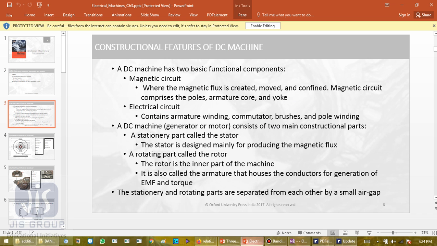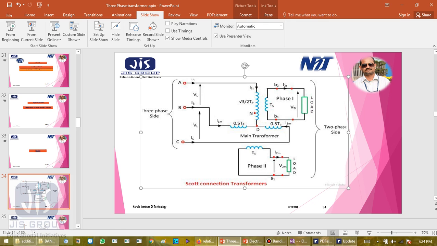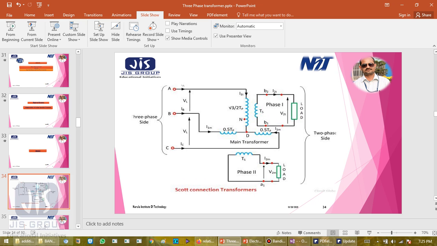Because if we recall the figure, this is B phase current, so IB into 0.5, that is TP by 2, minus IC into TP by 2 equals the secondary current I2M into TS.